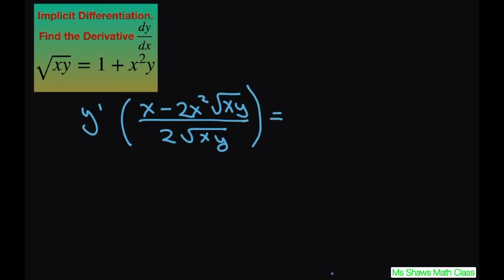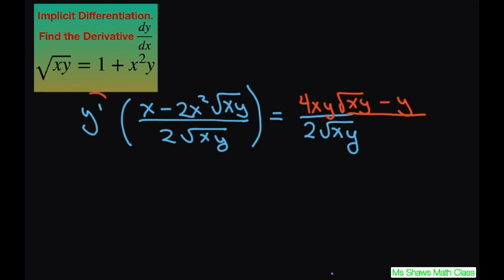And this side we didn't do yet, but this side is just going to be, our common denominator is also going to be 2 square root of xy. And so the numerator is going to give you 4xy times the square root of xy minus y. So now we have the same common denominator, and now we solve for y prime.